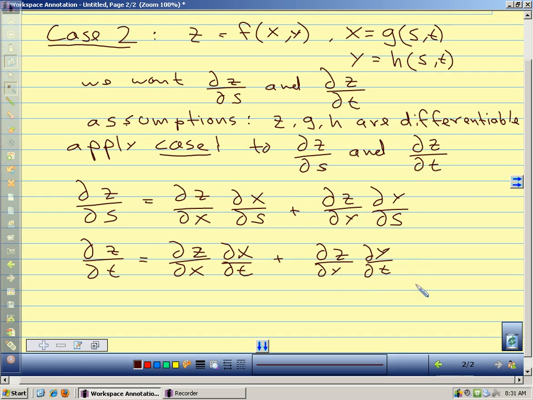We have more and more terms. The way to keep track of our partial derivatives is what we call a tree diagram. So we'll write tree diagrams for our different cases, and then talk about a more general case. Questions on this so far?